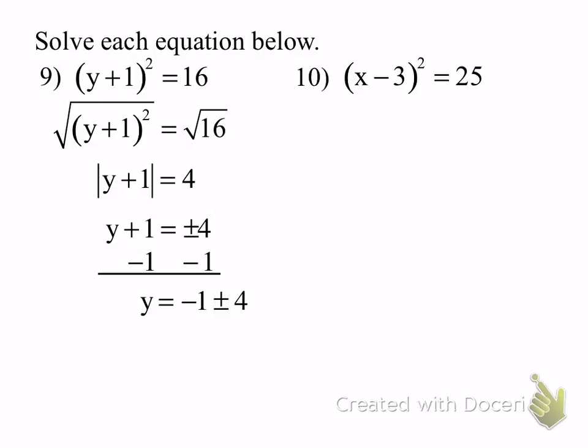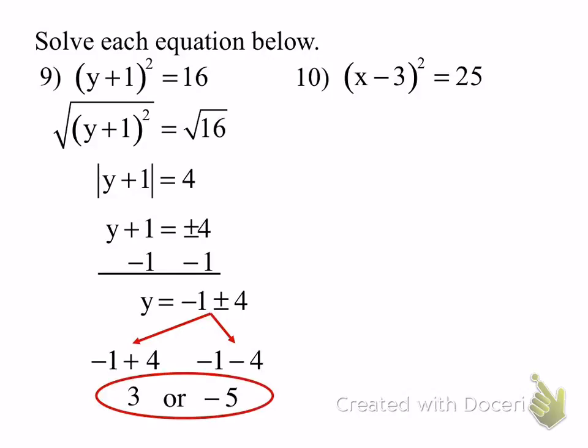Negative 1 plus or minus 4. Negative 1 plus 4, negative 1 minus 4. Would you have to simplify it to that? Yes, you have to go all the way, so that's a definite yes. Get your y alone, then set it, then break into your 2 equations. If you wanted to, could you do y plus 1 equals 4 and then y plus 1 equals negative 4? Yeah, that's fine. But I just like the inverse operations.